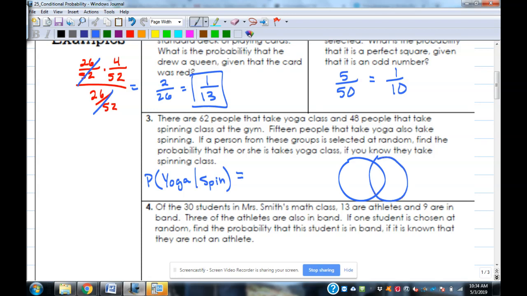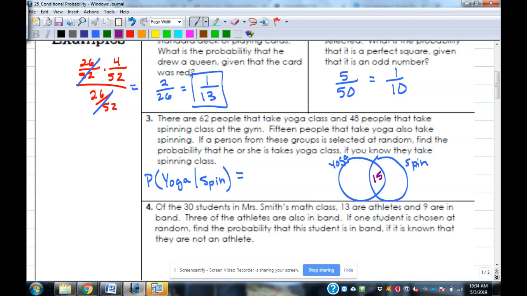If you have one circle that is a yoga circle and the other one is a spin circle, let's fill in that Venn diagram and see how we could use it to help us here. So 62 people take a yoga class, 48 take a spinning class, 15 take both. Where does the 15 go? In the overlap.